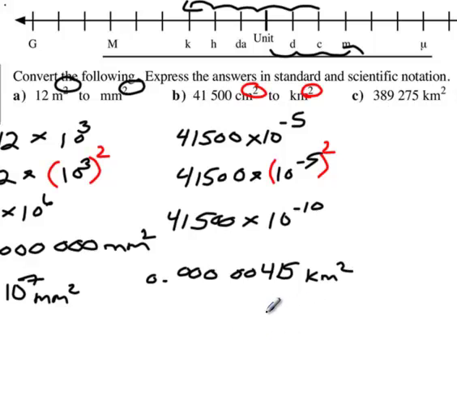So it would make sense to put that one in scientific notation. So again, you want one significant digit followed by a decimal and any other digit you have, multiplied by 10, and just tell me how many times you had to move that decimal. In this case, it's 6 kilometers squared.